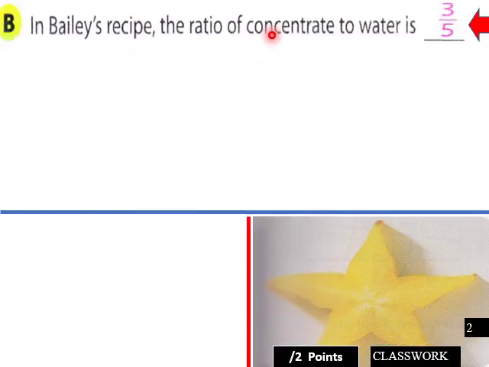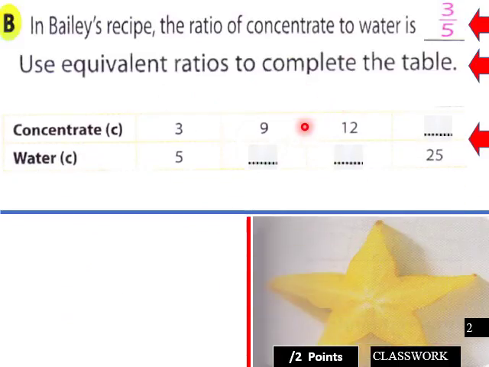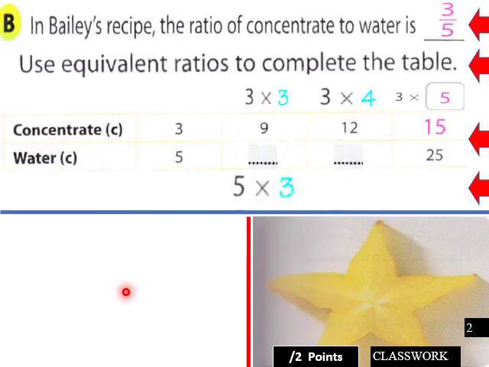In Bailey's recipe, the ratio of concentrate to water is 3 to 5. Check your classwork sheet for that. Use equivalent ratios to complete the table. Here's our table for Bailey: 3 to 5, 9 to what, 12 to what, and blank to 25. 3 times 3 would be 9, and this would be 3 times 4, and 3 times 5, so that's 15 to 25.